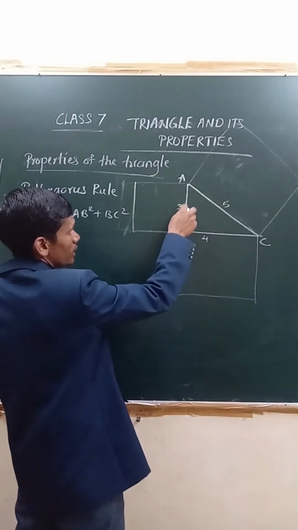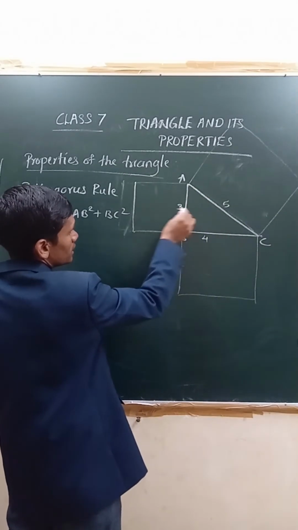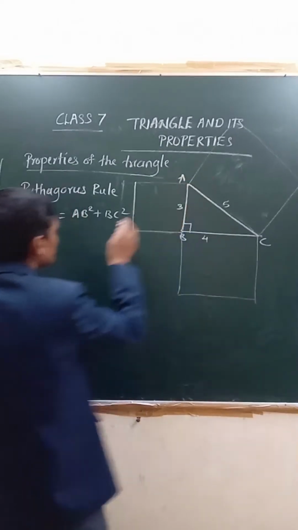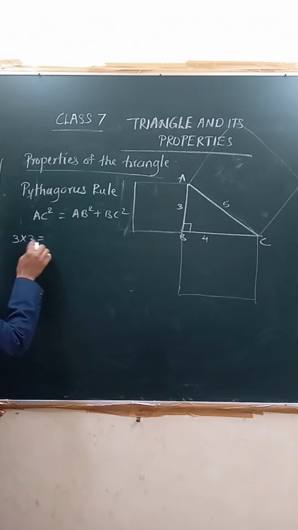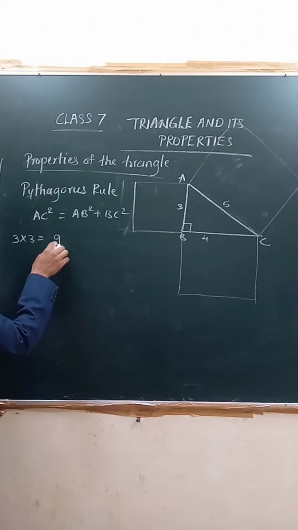If you get the square of 3, what do you get here? Square means you must know, any number multiplied by itself, what we get is the square of that number. 3 threes are 9. 9 is the square of 3. Okay.